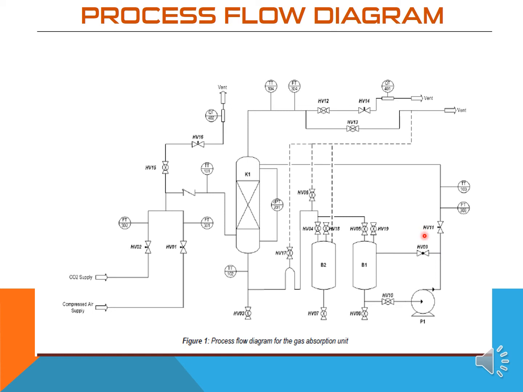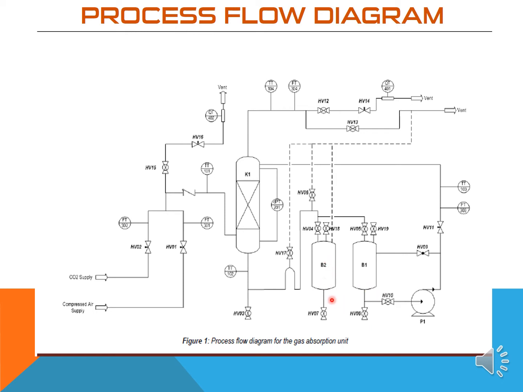The third step is to drain all liquid from absorption column K1 by opening the valve of HV03.